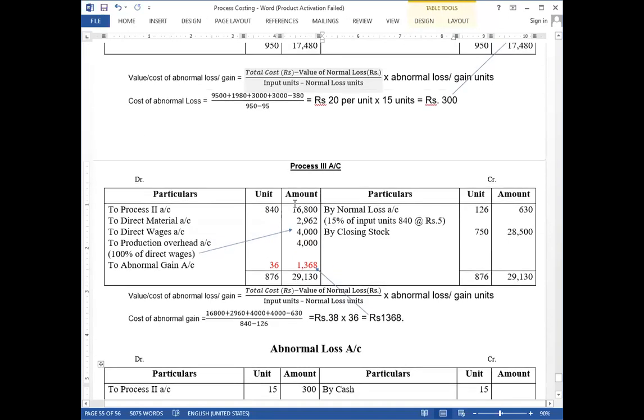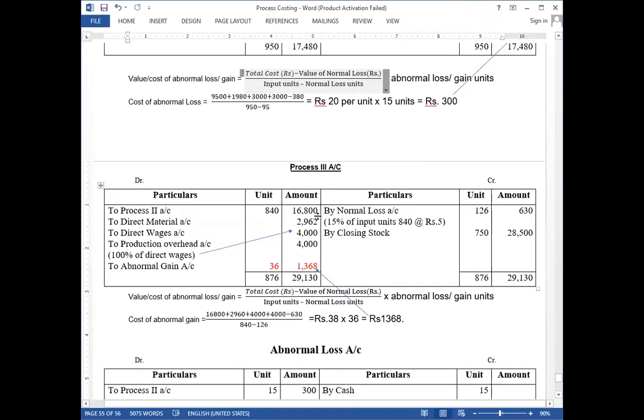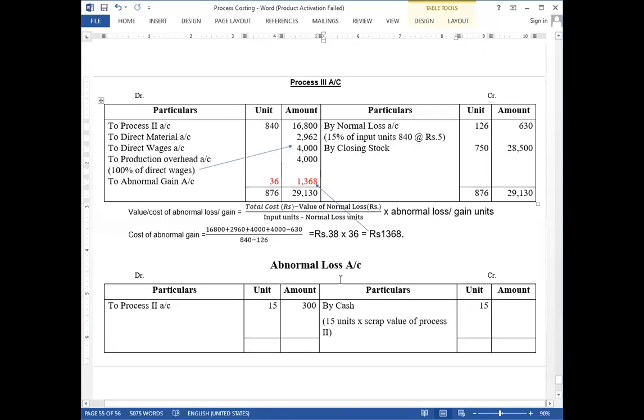Okay. So can you check in process 3 also whether you have abnormal loss? No. In process 3 there is no abnormal loss. If it is given, then you can write here to process 3, and on the opposite side, that means the credit side, you can write buy cash, and the value, that is whatever number of units multiplied by scrap value. So now here, can you tell me what is the value? 15 units, scrap value of process 2 is how much?